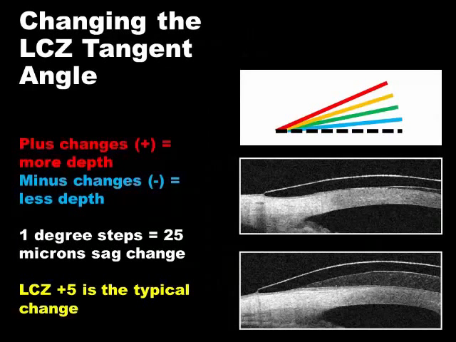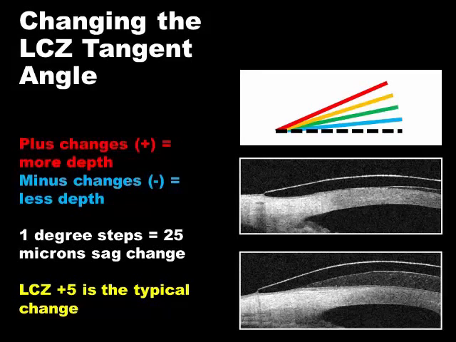Now when you change the limbal clearance zone, what you're doing is increasing this angle. If the blue is the standard ICD 14.5 or 16.5 limbal clearance zone, then if we needed more vault, like we see in this image, we have very little peripheral cornea and limbal clearance.